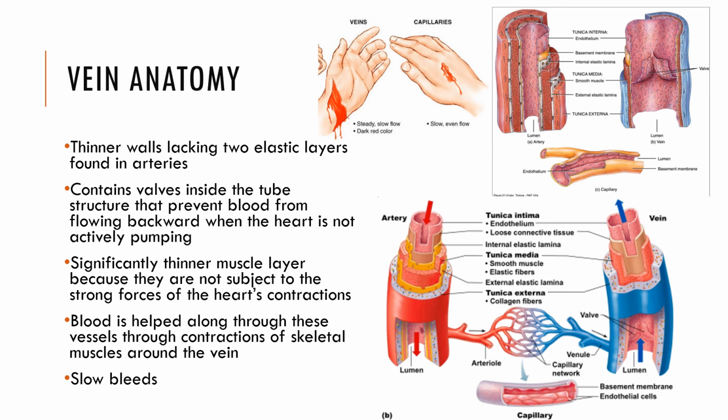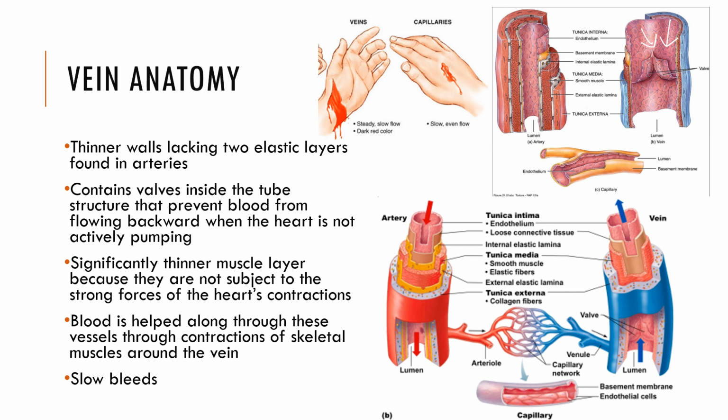And because there's not high pressure driving that blood forward through our body, the veins actually have their own, if you look right here, they have their own valves. And this prevents the blood from accidentally flowing backwards. We want it to keep going forward back to the heart. But because there's so little pressure, it can't do that on its own. So these valves close in between every heartbeat to prevent it from flowing backward.